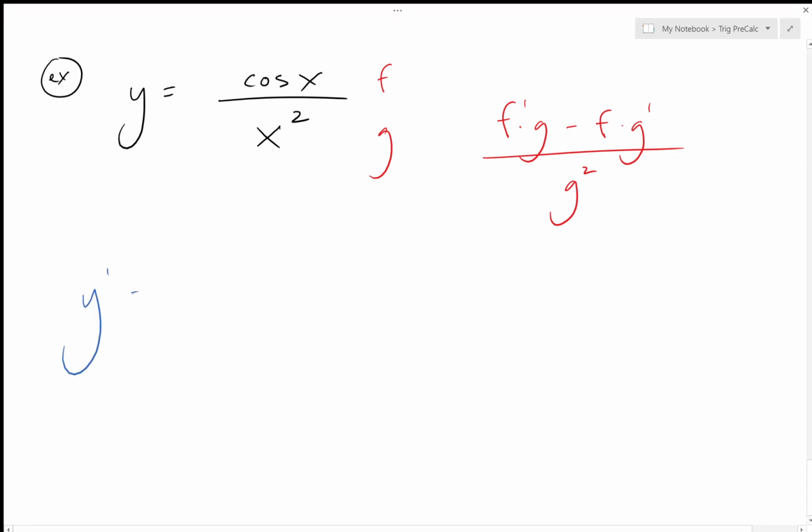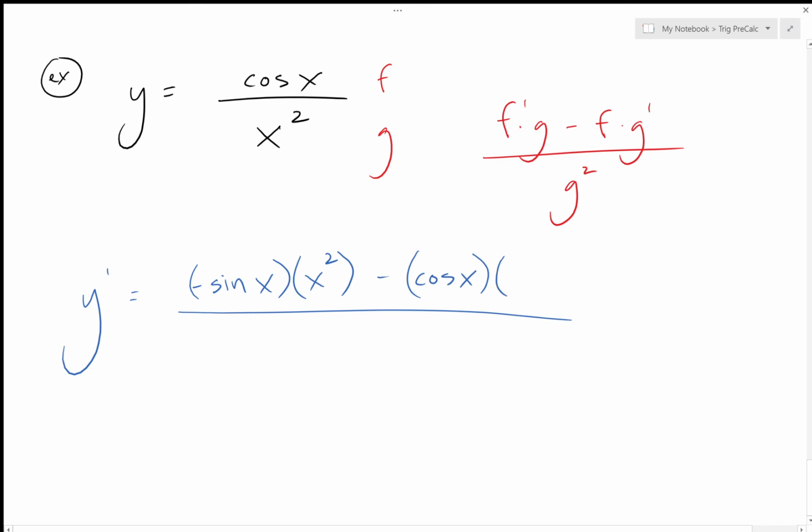So y prime equals, take the derivative of the top, so cosine. Derivative of cosine is negative sine, and then multiply it to the bottom, which is x squared, minus the top, cosine x, times the derivative of the bottom, which would be 2x, and then on the bottom take g, but square the whole thing.